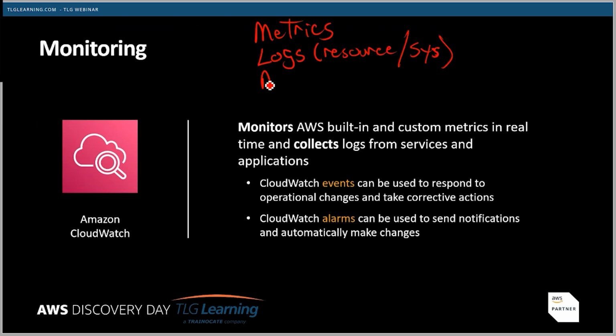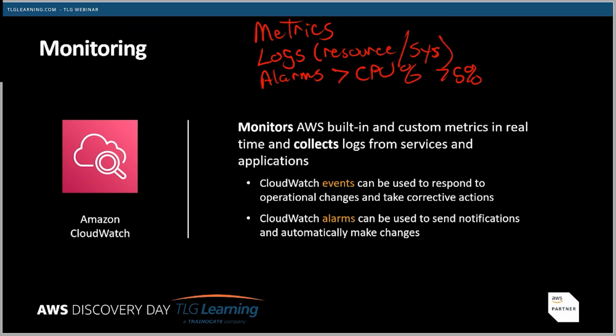CloudWatch also has the ability for you to create alarms. You could alarm on CPU utilization as one example. If the CPU percentage is greater than 75%, then take some action that could be used to initiate auto scaling. For example, add more EC2 instances, scale out your auto scaling group.